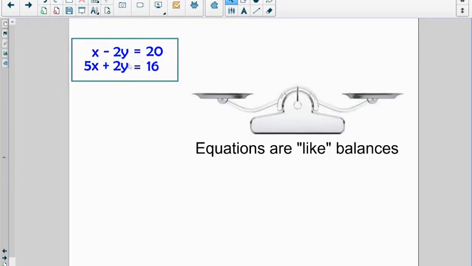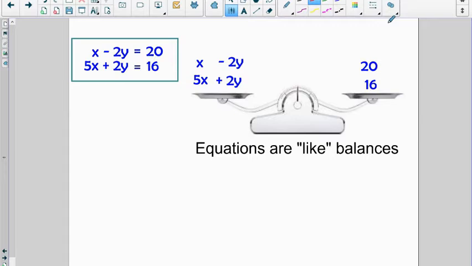Because it's all part of the same system, we can take the left-hand side parts of both equations and move them to the left side of the balance, and then move the other parts to the right-hand side of the balance. The left side of the system has to balance out with the right side of the system. Well, if that's true, we should be able to combine these like terms and see what we have in total on both sides of the balances.